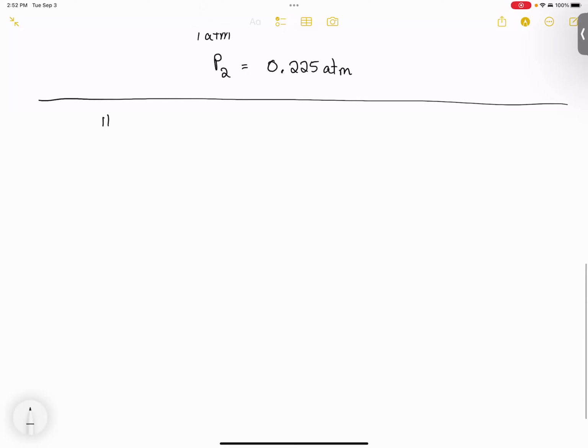So if I'm dealing with the heating curve, heating means the temperature increases. So if we're looking at temperature as our y-axis, with a heating and cooling curve, the temperature is going to increase.